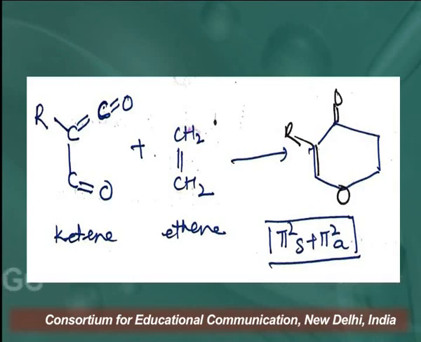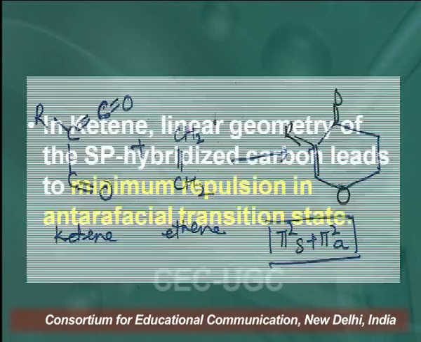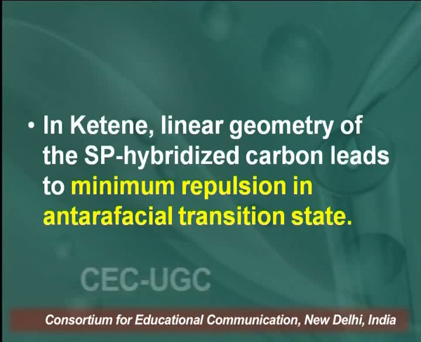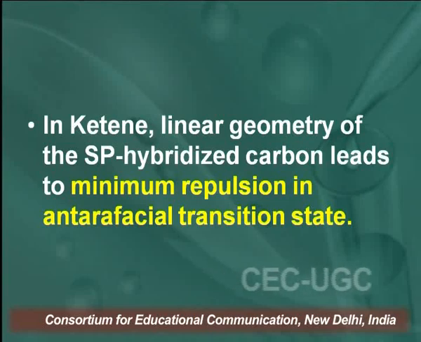And this is another very important example where the HOMO of one reactant reacts with the LUMO of the other reactant at thermal condition, and it allows suprafacial interaction of one lobe of the p orbital and antarafacial interaction of the other lobe of the p orbital. So these are very important examples where we can see the 2 plus 2 cycloaddition reaction when the reaction is thermally allowed. So in ketene, the linear geometry of the sp hybridized carbon leads to minimum repulsion in the antarafacial transition state.